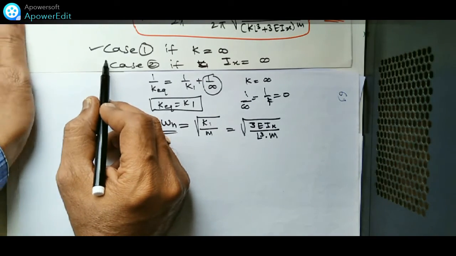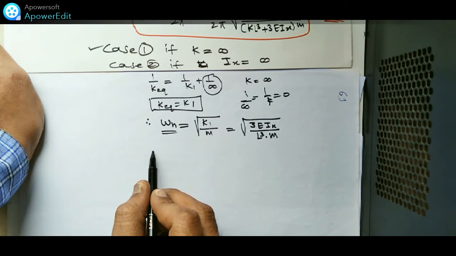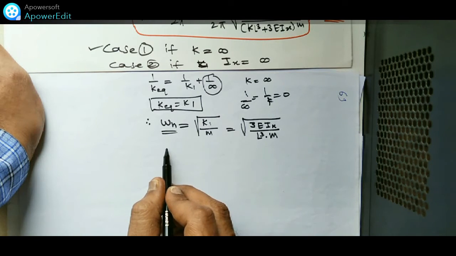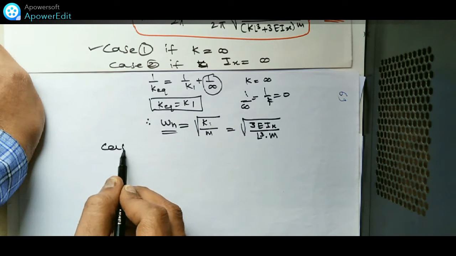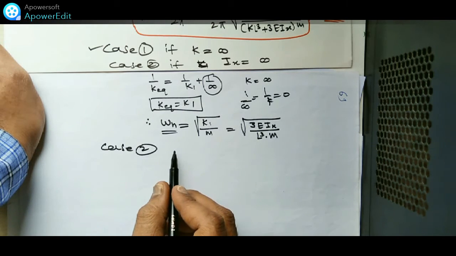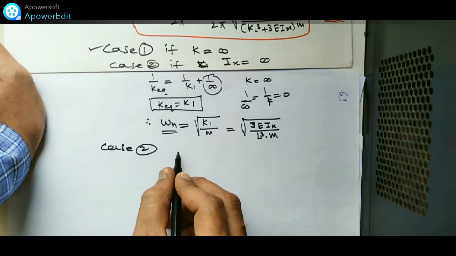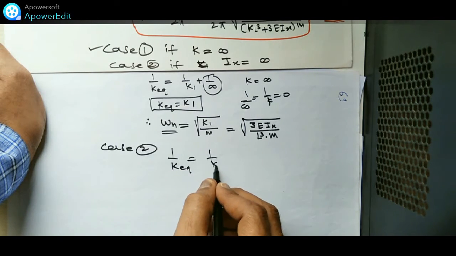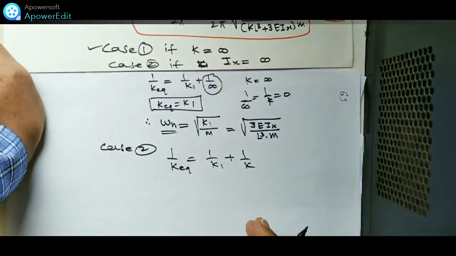We are going to study case 2 here, when Ix becomes infinite. So what will happen? In this case, the value of Ix is infinite. We have to utilize the same formula for k equivalent, 1 upon k1 plus 1 upon k, which was already written here.